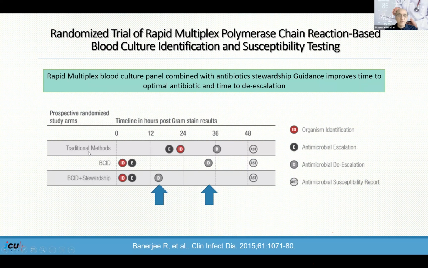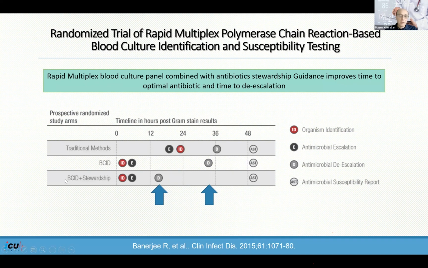Now, if you have rapid testing, and this is on the blood, you get identification much faster compared to traditional methods, and you may escalate antibiotics quicker here. However, de-escalation is not happening, and this is specific to this study. De-escalation did not happen unless there's a stewardship program.